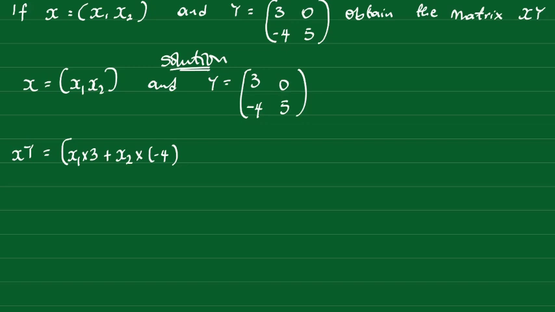Now we multiply our row by the other column, and we have x1 times 0 plus x2 times 5, and bracket close.